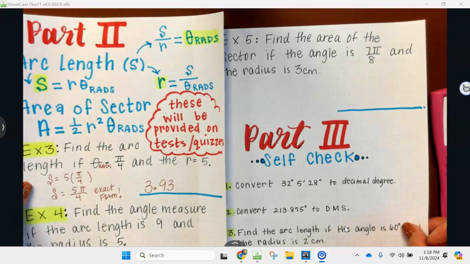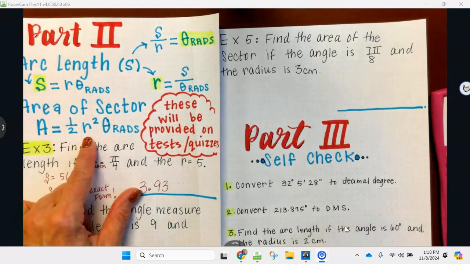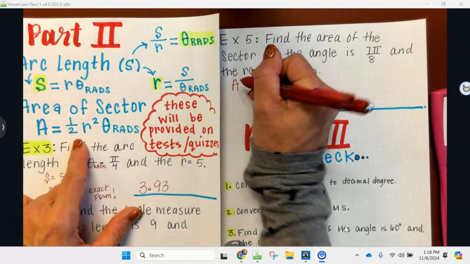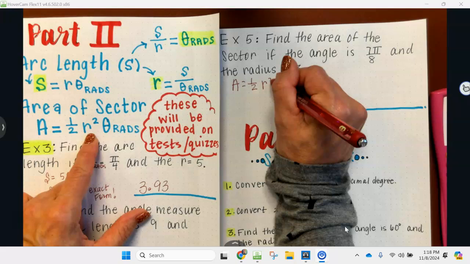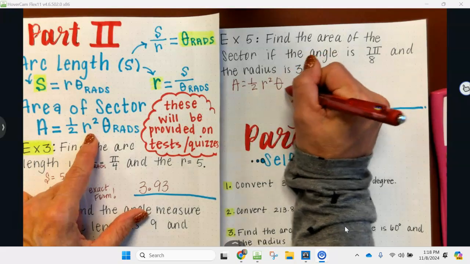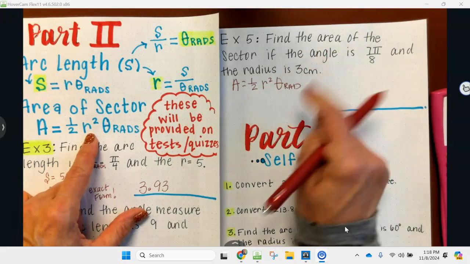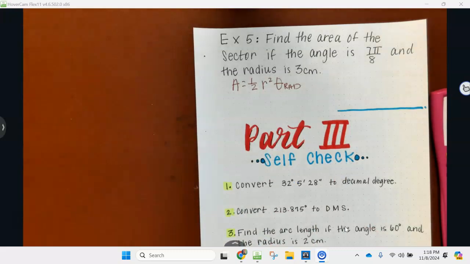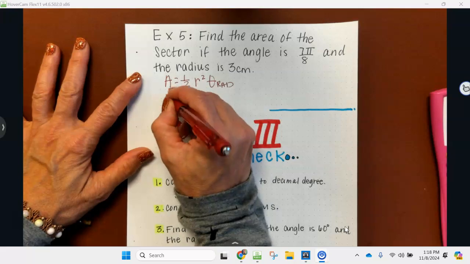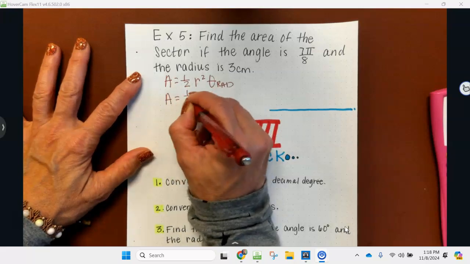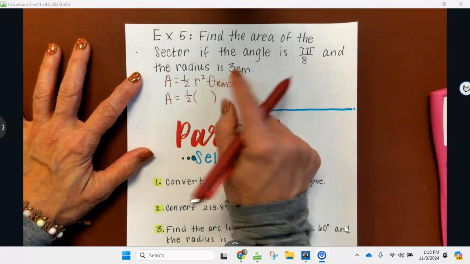We are going to use this formula right here. Let's just recopy this so I can get rid of this piece of paper. So area equals 1/2 radius squared times the central angle, and remember one more time, the central angle has to be measured in radians. Okay, so to find that, area is going to equal 1/2. Remember, the radius is 3.